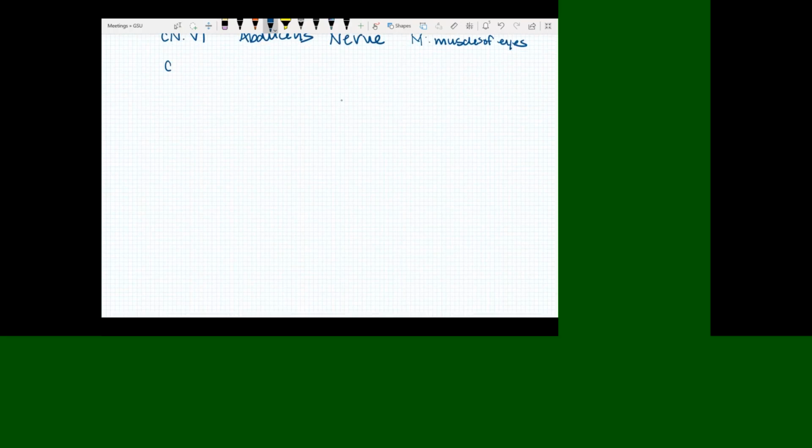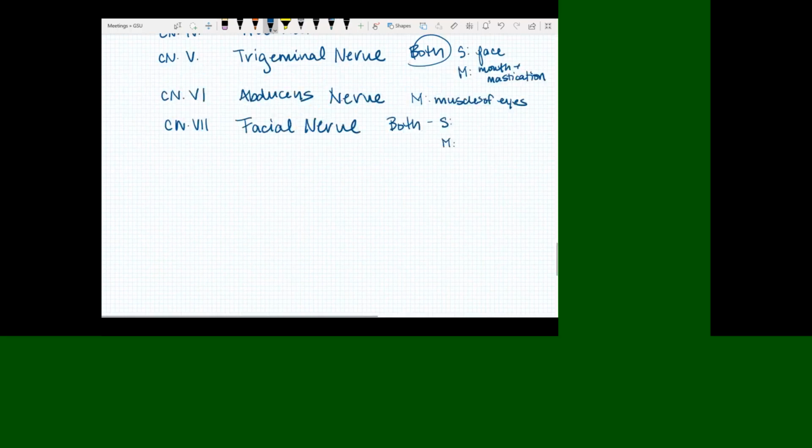Then you're going to have cranial nerve 7, which is the facial nerve. And based on the name, it tells you a little bit about where it innervates. So the facial nerve is going to be mixed. It will have both sensory and motor information. The sensory information that your facial nerve is picking up is very similar to the sensory information of the trigeminal or cranial nerve 5.